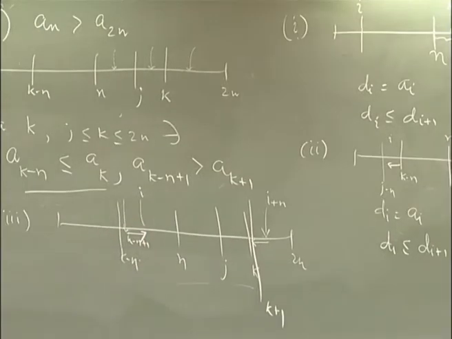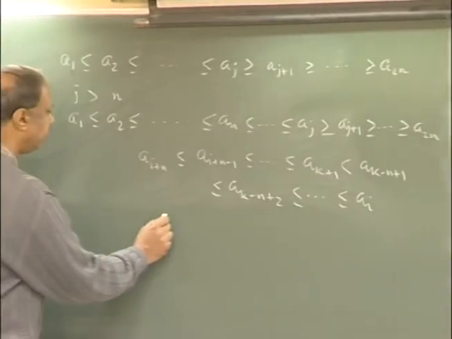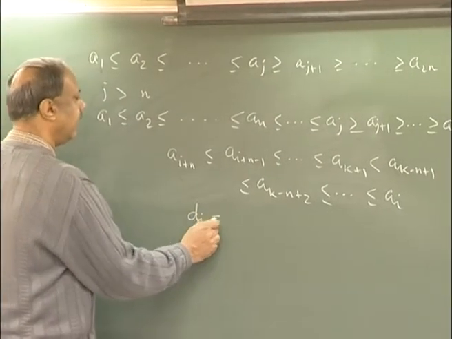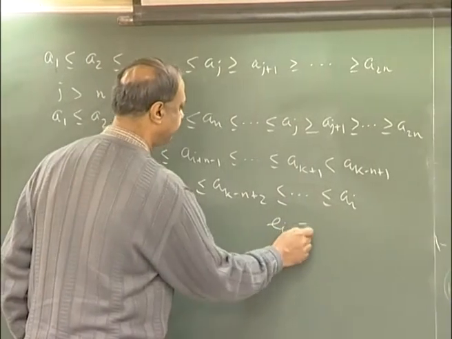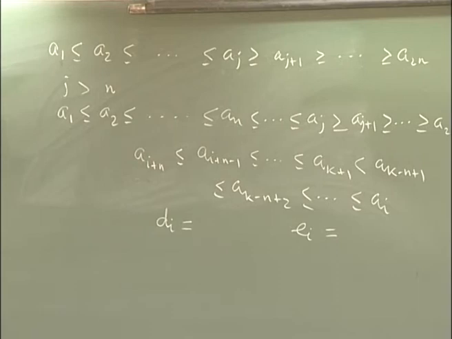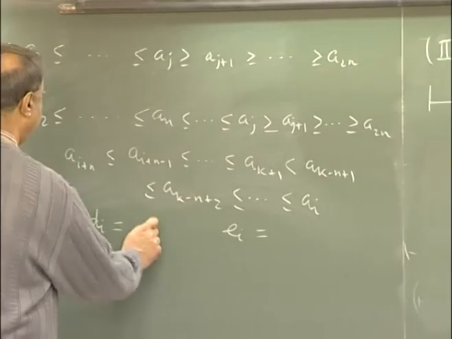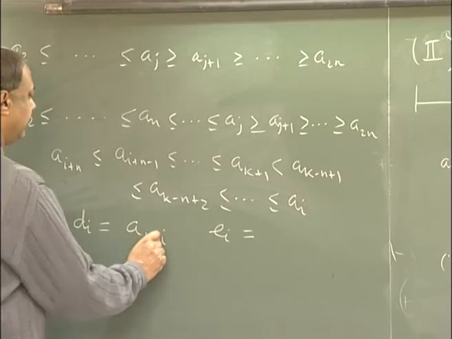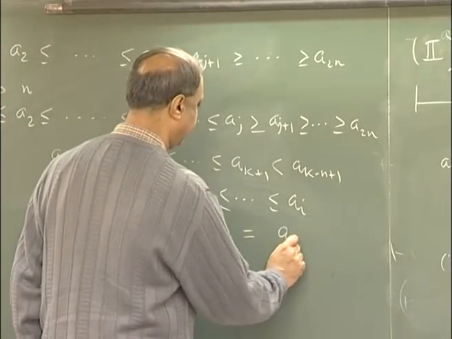Is it okay? If it is okay, then here I get this relation. From there I can get di and ei. What is di? A N plus i and here AI.